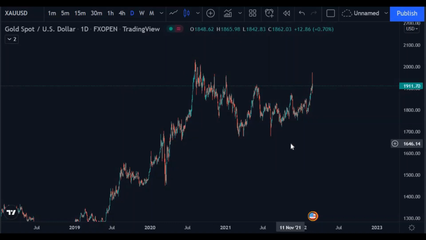But to get a more precise, a more defined entry, you could go down to smaller time frame to time your entry. Yeah, and you don't want to be trading a lower time frame supply in the higher time frame demand zone. Same way you don't want to be looking for selling opportunities, lower time frame selling opportunities in the higher time frame demand zone. You are most likely going to get wrecked.